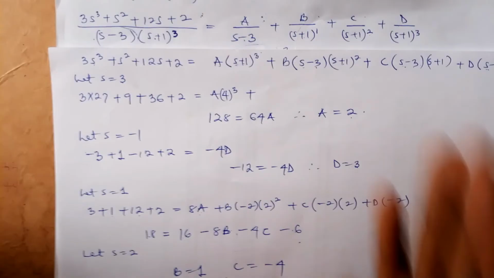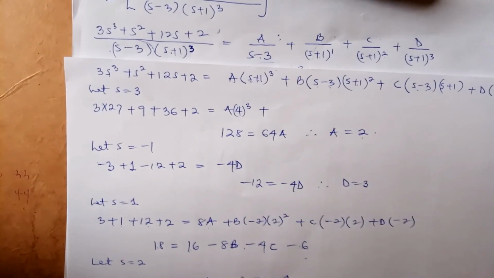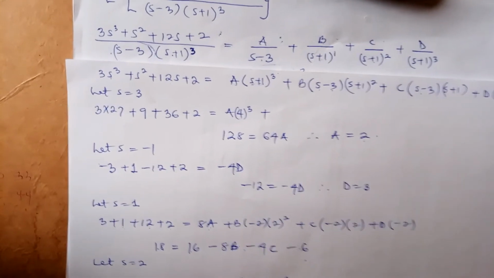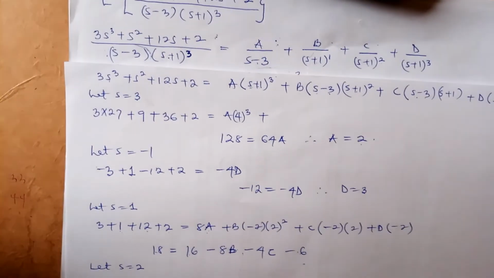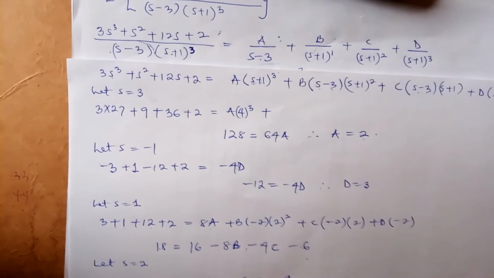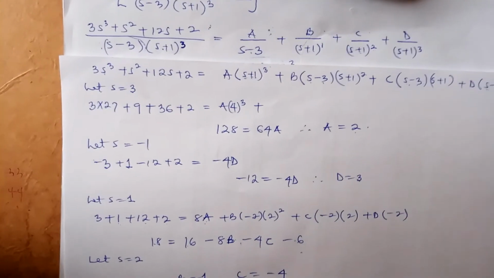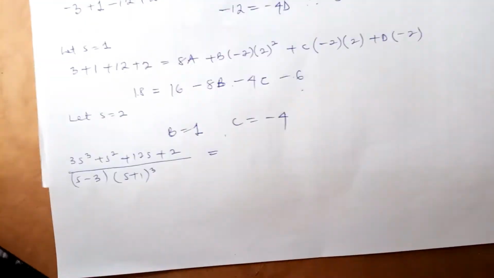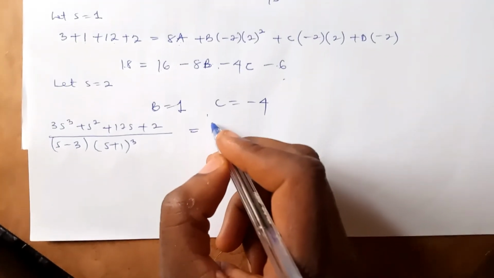So which means that we can now go back and substitute. We can now go back and say that 3x to the power 3 plus x squared plus 12x plus 2, divided by x minus 3 in bracket, then x plus 1 raised to power 3, is now equal to, here now, we know our a now.